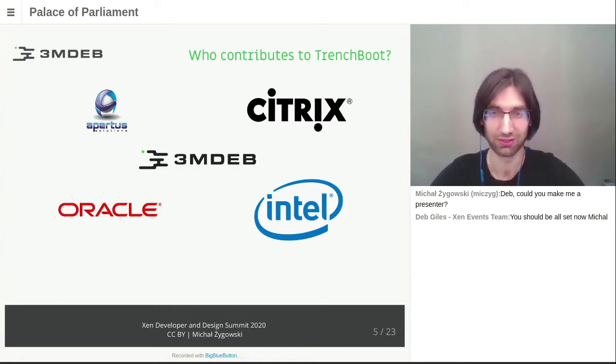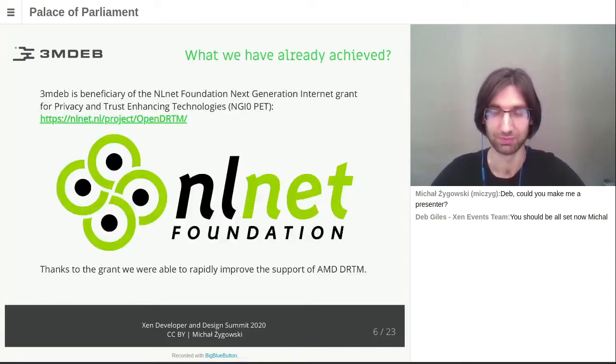And we also have Oracle and Intel, who work on the Intel TXT implementation of TrenchBoot. I also mentioned that 3mdeb is a beneficiary of the NLnet Foundation Next Generation Internet grant for privacy and trust enhancing technologies. Thanks to them, we were able to push forward the effort of AMD DRTM even more rapidly, because until recently we had been doing that pro bono.